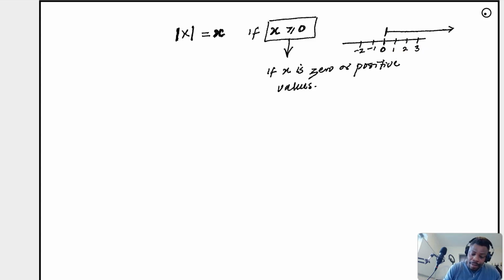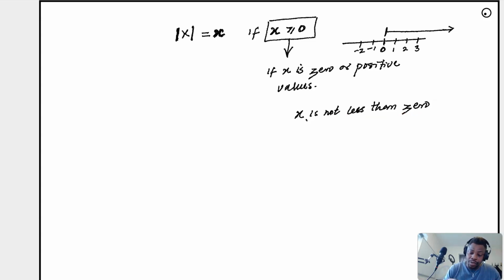But remember that in our other series of inequality, if x is greater or equal to 0, it simply means x is not less than 0.